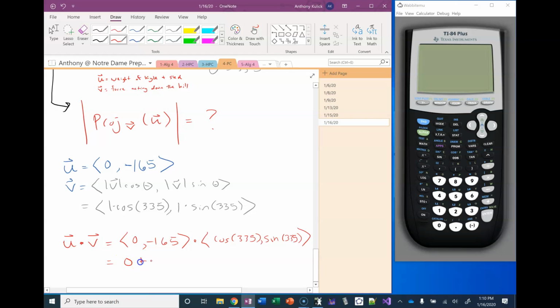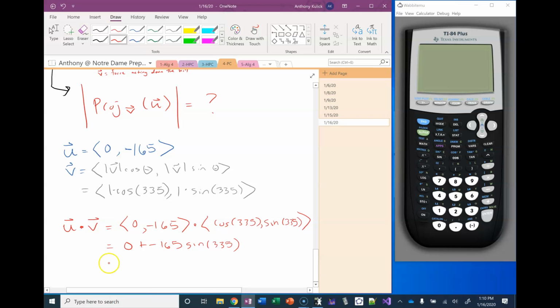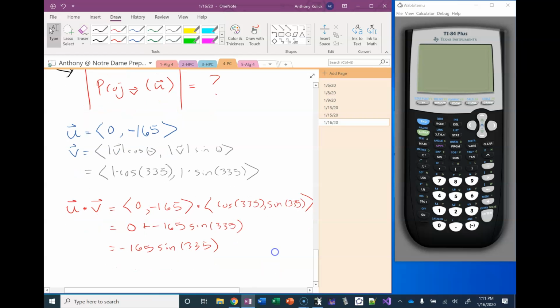That's going to be 0 plus negative 165 times sine 335, or just negative 165 sine of 335 degrees. I'm going to leave it like that for a moment. We're going to type that into our calculator, but I'm going to hold off on doing that right now.